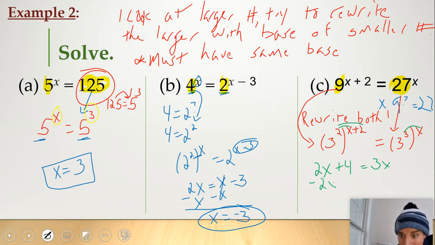Let's solve for x. At least the equation's easy to solve. That'll cancel here, and 3x minus 2x is just equal to 1x. So 4 is equal to x. And you can check all your work on all of these by plugging it back in and seeing that you get the same answers, which you would. So sometimes you're going to have to rewrite both of your equations in terms of a common base. Sometimes only one side needs to be rewritten in terms of the common base.